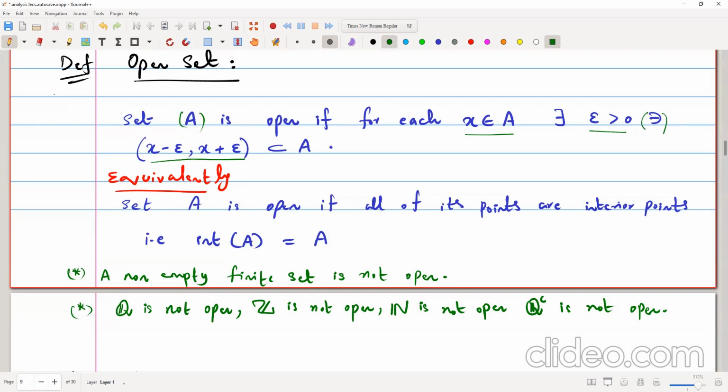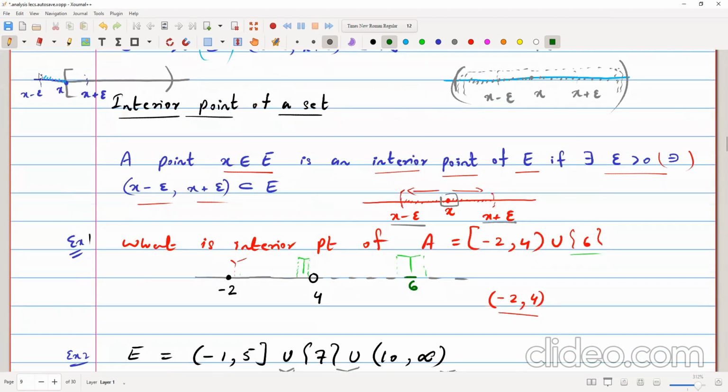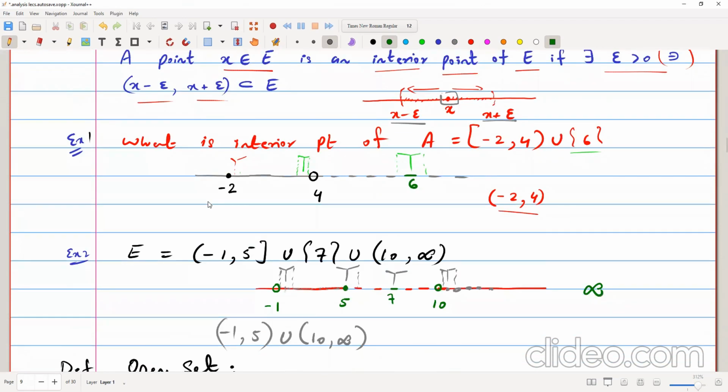We can see that because in the definition of interior points, we also mentioned that a point x belonging to E is an interior point of E if there exists epsilon greater than 0 such that (x minus epsilon, x plus epsilon) is contained in E.